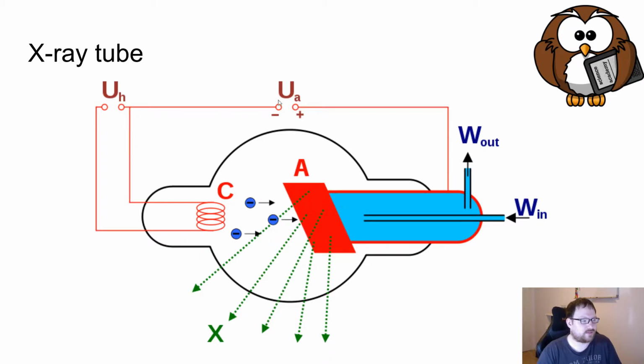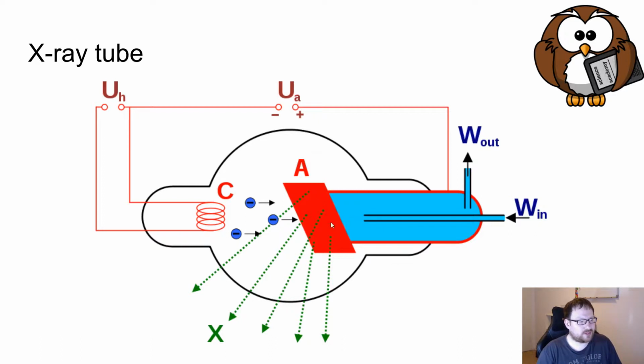Then we have an accelerating voltage between the cathode and anode so that the electrons are accelerated towards the anode and smash into it with high energy, so they are quickly decelerated, and because of that X-rays are produced that you can measure outside, right?